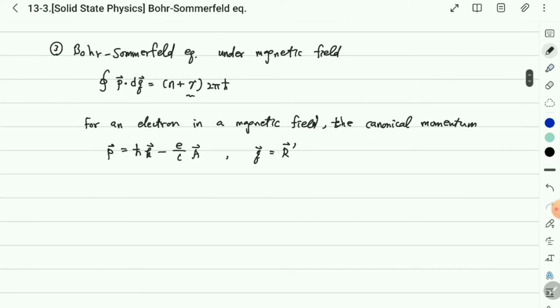Then from the Bohr-Sommerfeld equation, the closed integration of (ħk minus e over c times the vector potential) dot dr prime. Here r prime is in real space.